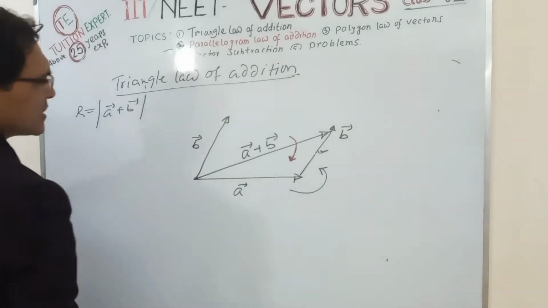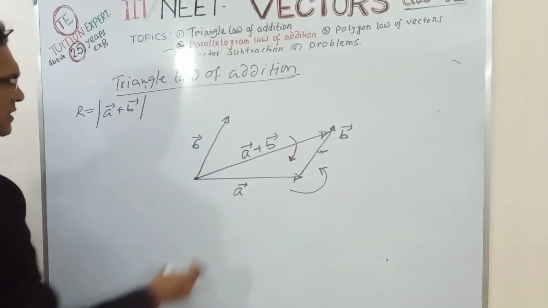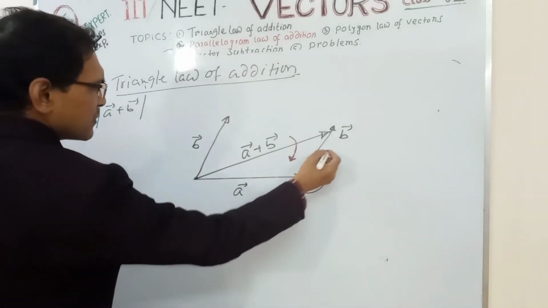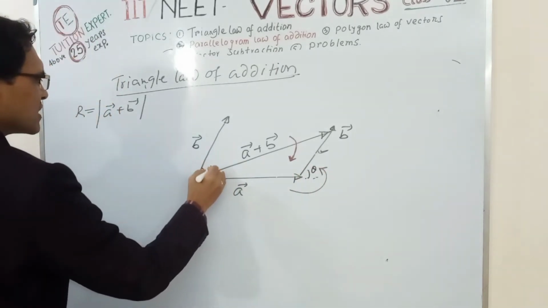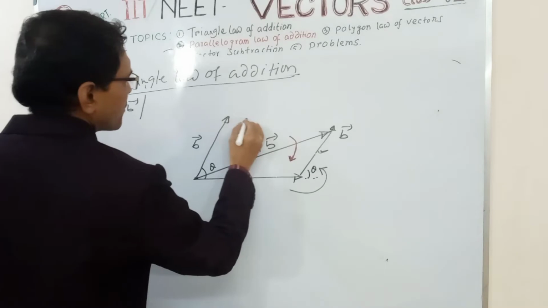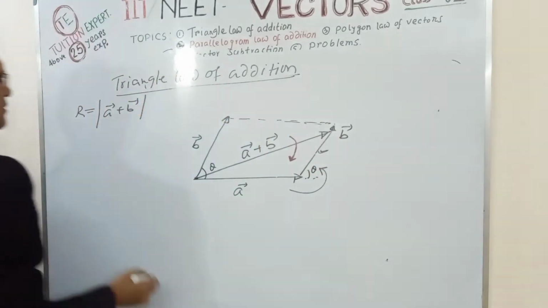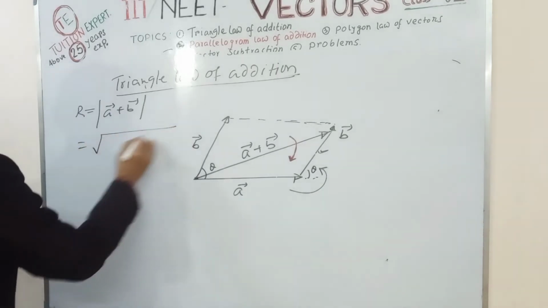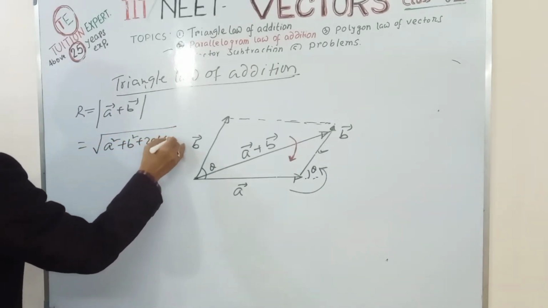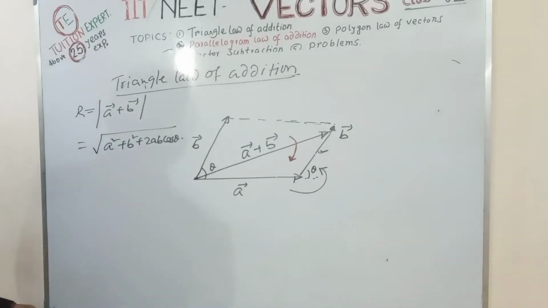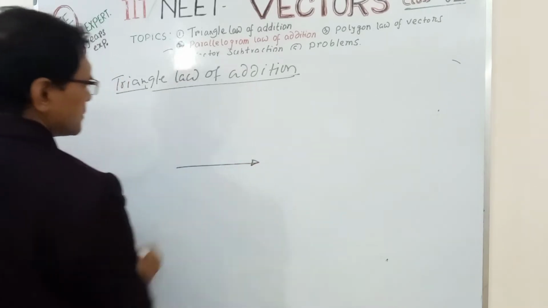Now we can use the parallelogram law. The angle between A and B is theta, so this angle will also be theta. Now we can use the parallelogram law and find the resultant of the two vectors. Previously we got the result with cos theta.